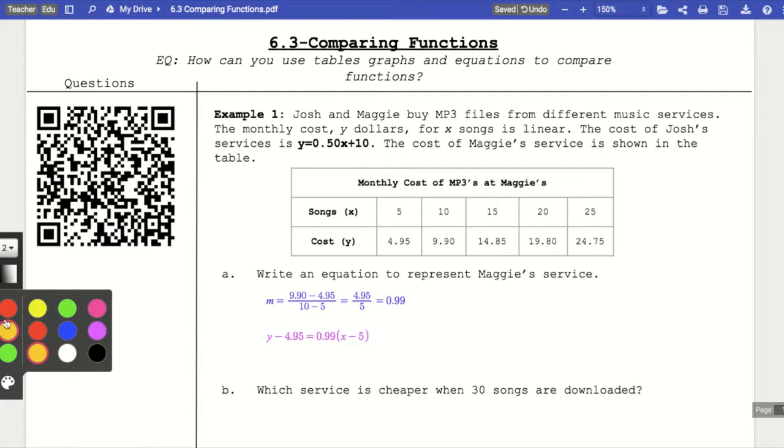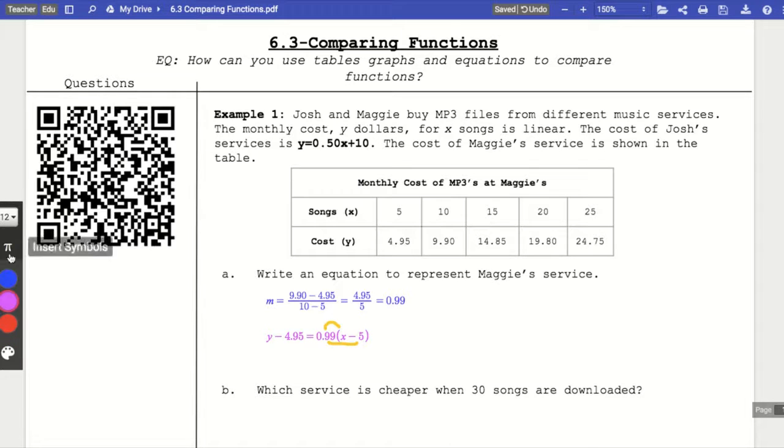I can go ahead and evaluate by doing my math rainbows. So multiply the 0.99 to x, 0.99 to 5. When I do that, we get y minus 4.95 equals 0.99x, because remember, when I multiply the 0.99 to x, it just kind of slaps it together.